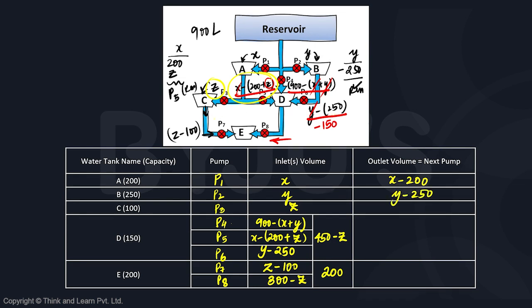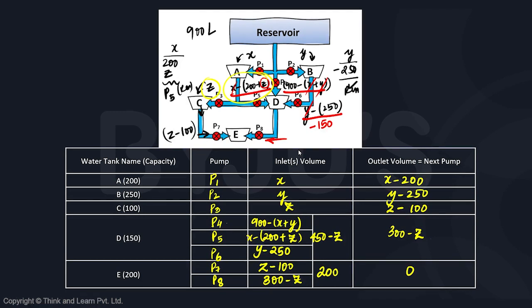If we look at C, the outlet is merely Z minus 100. The outlet of D is going to be what enters from here, which was 300 minus Z getting in. So this is going to be 300 minus Z. And for outlet of E, nothing is being taken out because E is our last water tank.